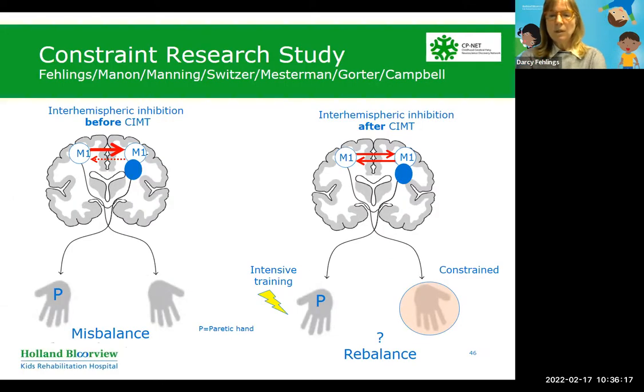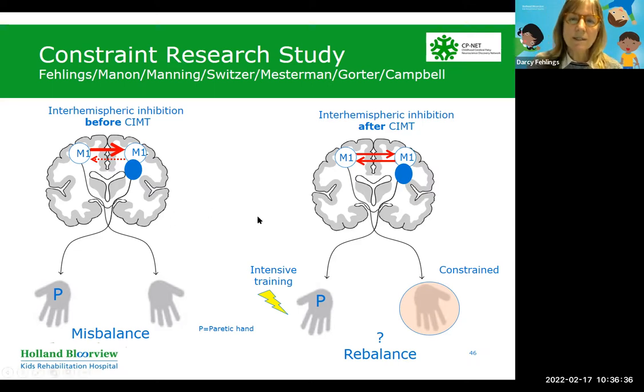Now, we've got some information that there's shifting of activity into the contralateral motor cortex. I've just shown you some evidence for improved somatosensory processing in the affected S1.